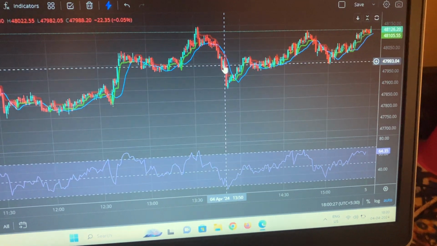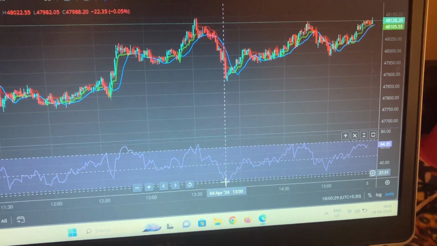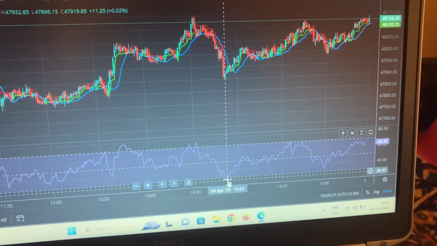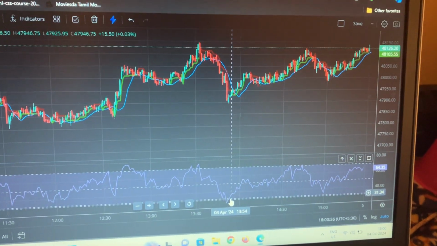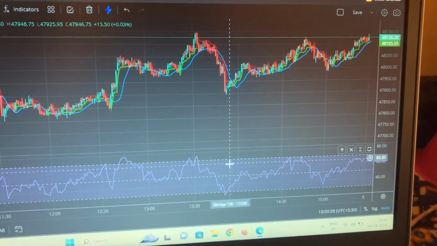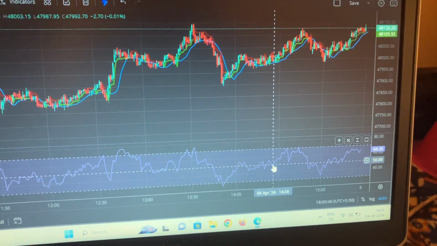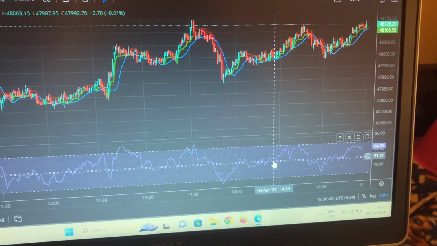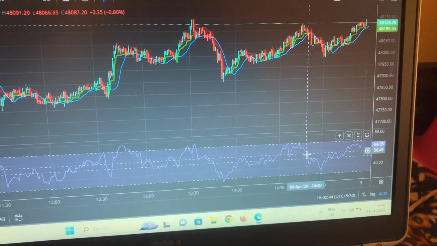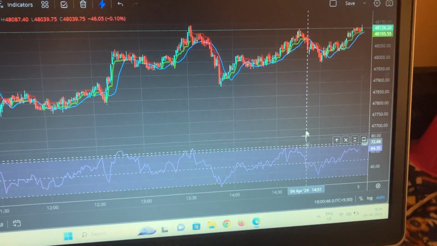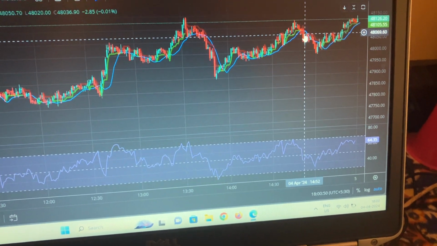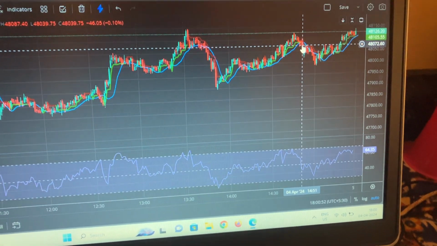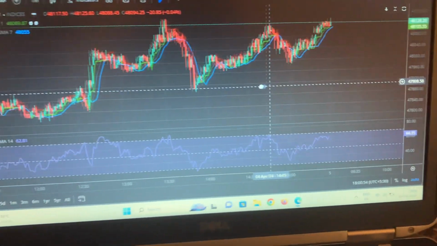It has come down, crossed the 30 level, and once it breaches the 30 level, I'll give one more entry and then wait. If it goes above the 50 level and once again comes to 50, then probably you can exit. From here till here, you'll have some good points where you can make profit.